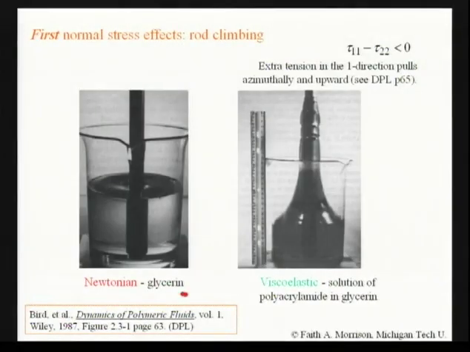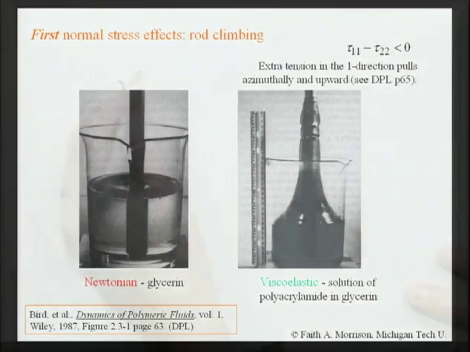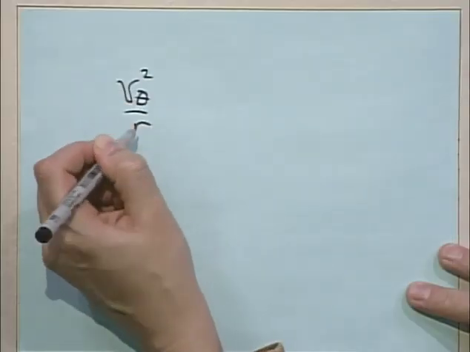Here's an example of glycerin. Glycerin, if you stir this rod like crazy, will dimple a little bit in the middle due to inertia. And you can mathematically see where that comes from. That comes from that term that you saw in the homework. On the left-hand side of the equation of motion, you saw a term, v squared theta over r.